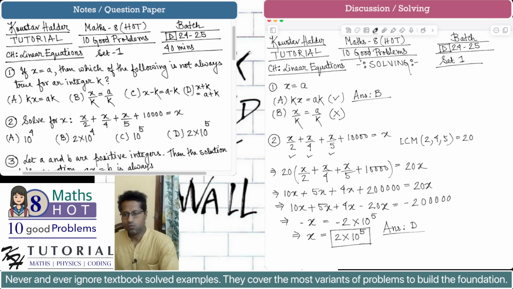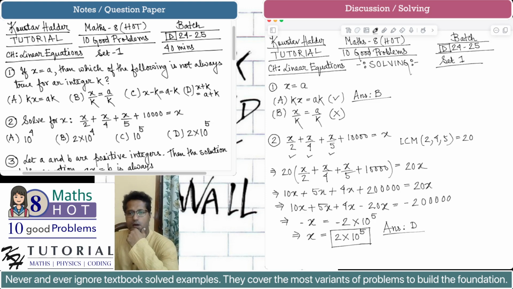Now one thing to note is that if you are given an equation where you see some rational terms, but none of the rational terms are having the variable which needs to be solved, then you need not find the LCM of the denominators of all the rational terms and multiply both sides with the LCM.